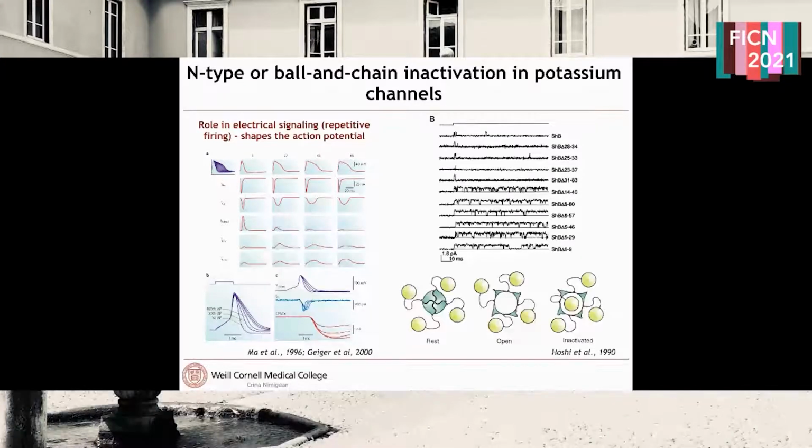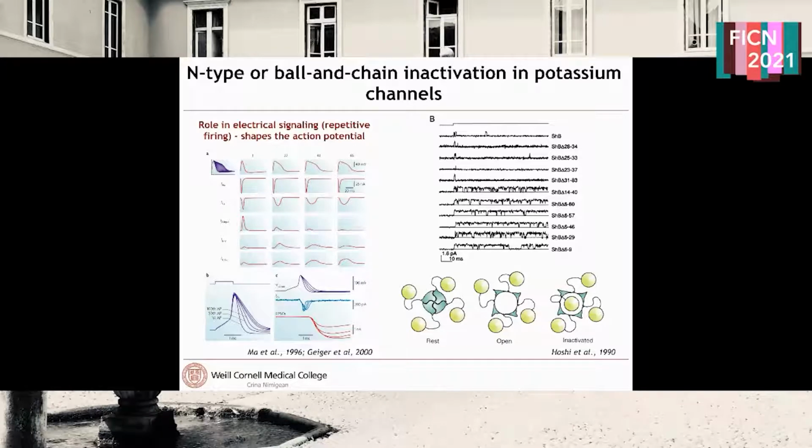They proposed a mechanism at that time that is shown on the bottom here, where the N-terminal 20 amino acids or so form a so-called ball, shown here as a yellow sphere, that is attached to the tetramer. This is a view of the potassium channel from the bottom, shown at rest, so the conduction is closed.